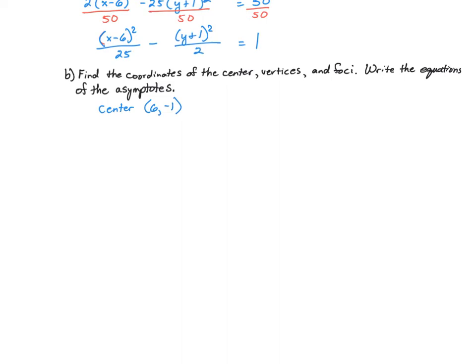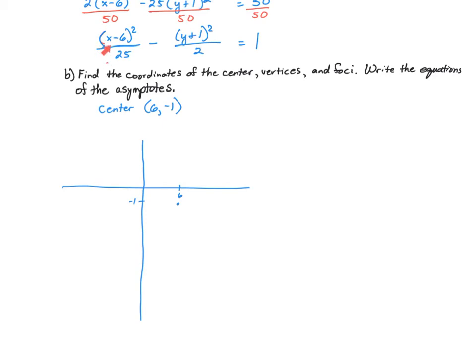And it doesn't ask me to sketch it, but I find it very helpful to do that. Helps me think it through. So 6, negative 1. I'm going to put my center right here. And notice the x squared is first, so I know this is going to be opening right and left. So I look underneath the first term, and I can see how far to go in the x direction.